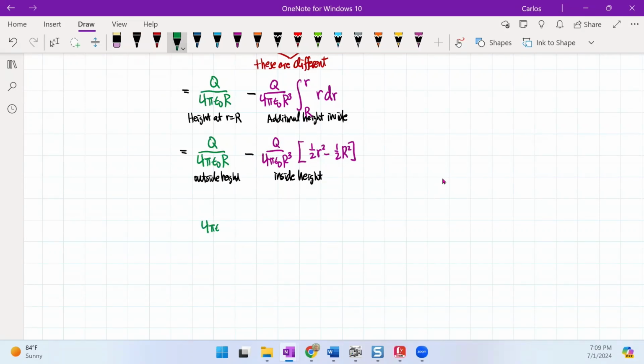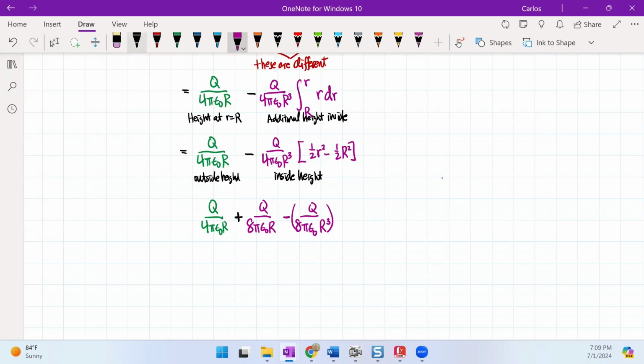So this is Q over 4 pi epsilon R. Now I'm going to bring that term that's positive in, and that's going to give me Q over 8 pi epsilon R, and this is a positive value. And then I get an important negative quantity, which is then r cubed Q over 8 pi epsilon.